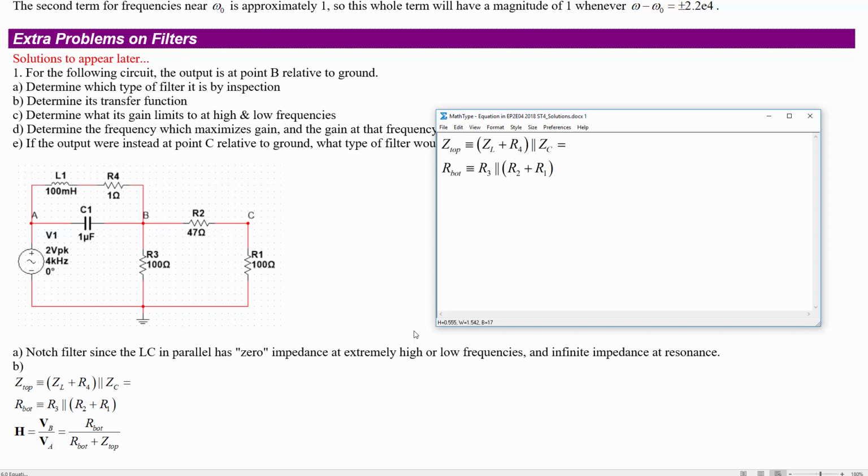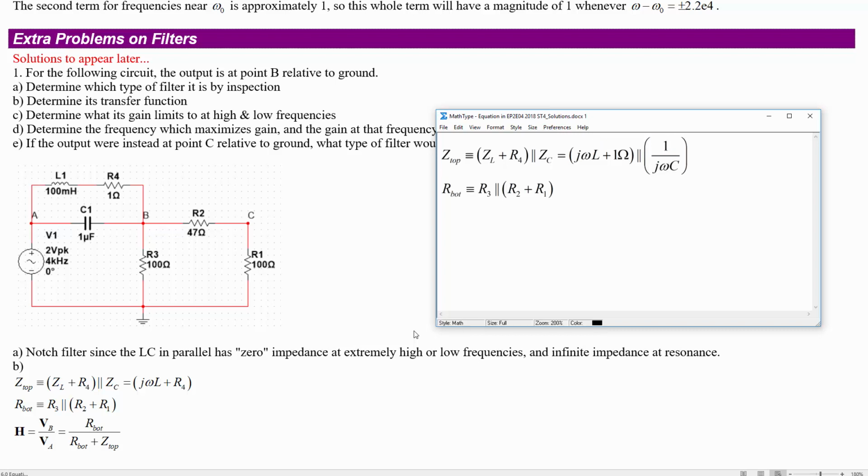So ZL plus R4 in parallel with ZC is, let's see, ZL would be J omega L, and R4, we'll just leave that like that. I guess we could sub in that that's 1 ohm. And then we'll put that in parallel with ZC, which is 1 over J omega C.